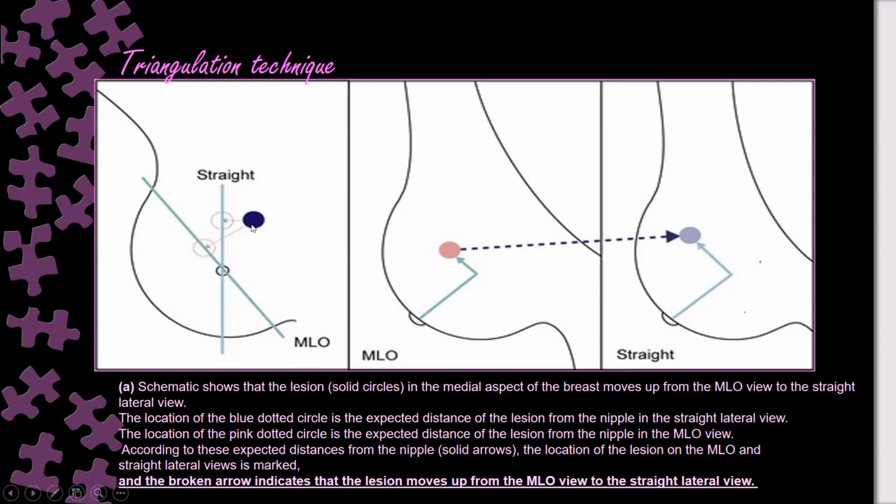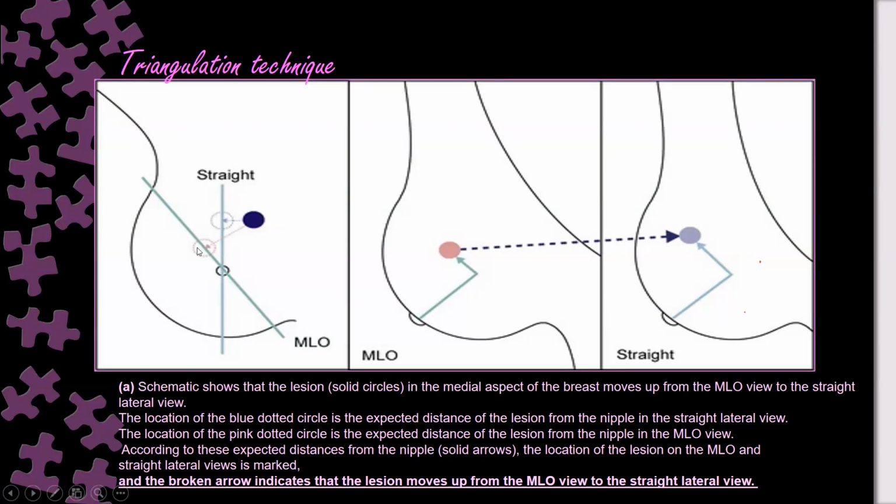This is the same lesion. On a straight lateral, its image will come like this here. But for the MLO, because it is oblique, it will come here. Which one is nearer to the nipple?